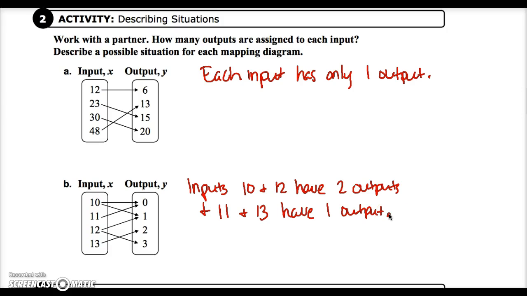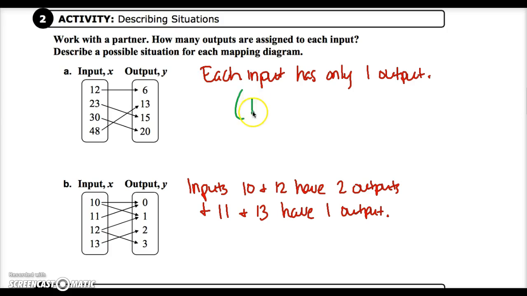Now this is going to be a big deal as we start looking at the definition of what a function is. Each of these are called relations because they have inputs and outputs being paired together. It doesn't matter what they are. But the definition of a function is whenever each input has only one output assigned with it.